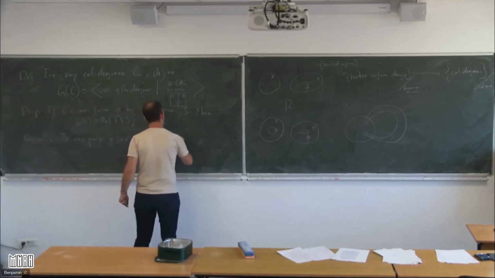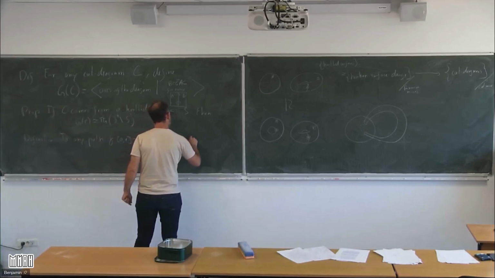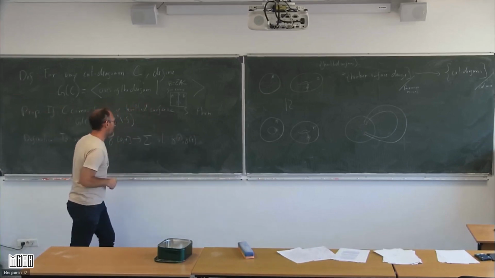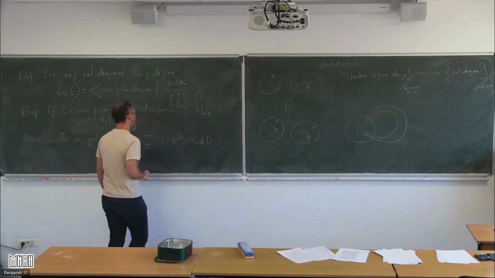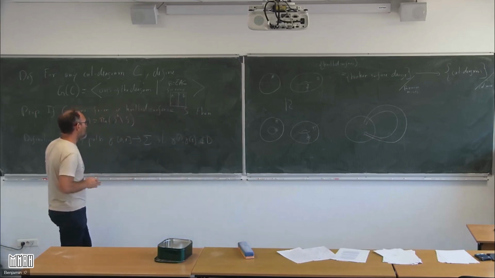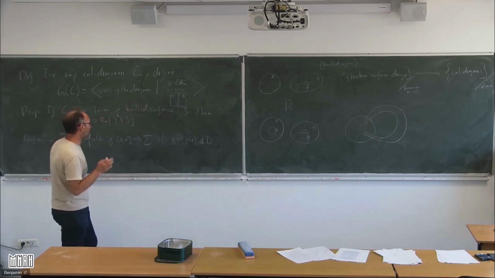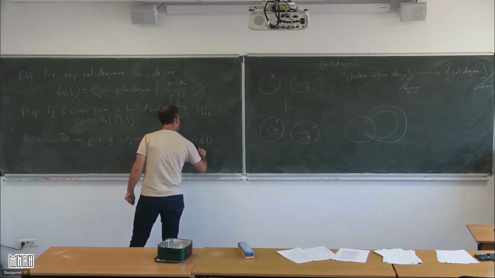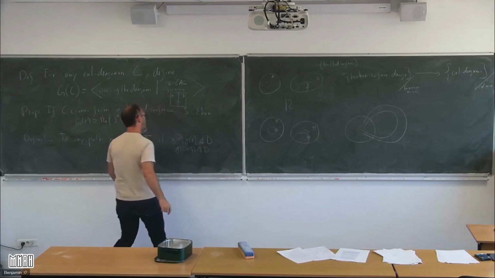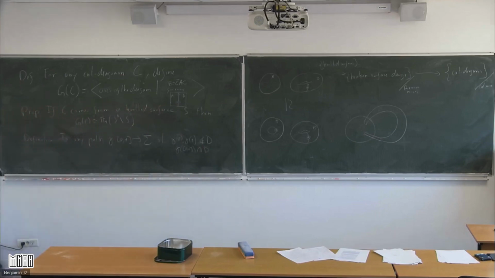So first, I want that the initial and ending points are not on the diagram, and the whole image is transverse to the diagram. To every such path, you can associate an element of the group.